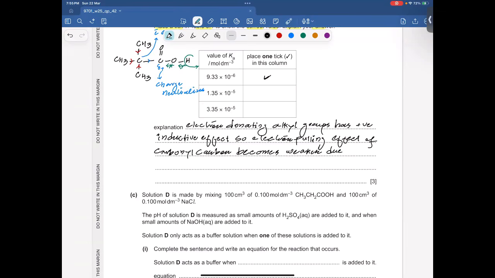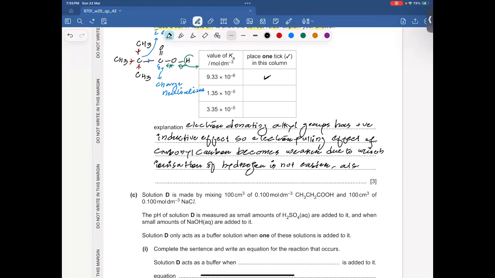Due to which ionization of hydrogen is not easier.